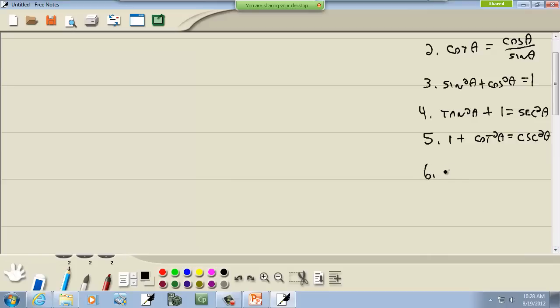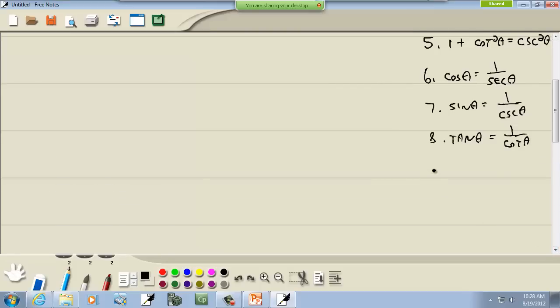Let's see. Then we have, I don't remember what order I did them in, but we'll say cosine theta is equal to 1 over secant theta. Sine theta is equal to 1 over cosecant theta. Tangent theta is equal to 1 over cotangent theta. These are ones you should know. You should be able to know or come up with them fairly easily. You shouldn't have to look these up.